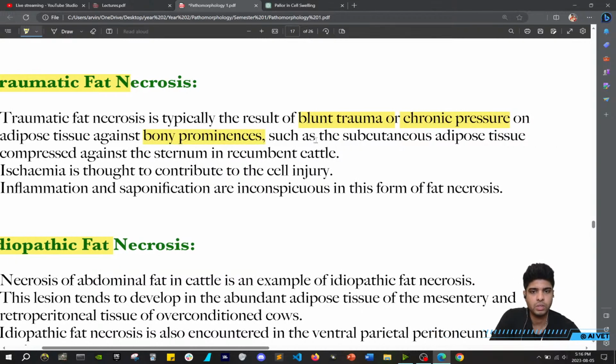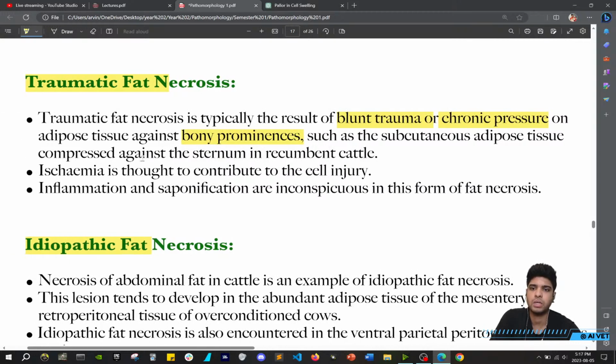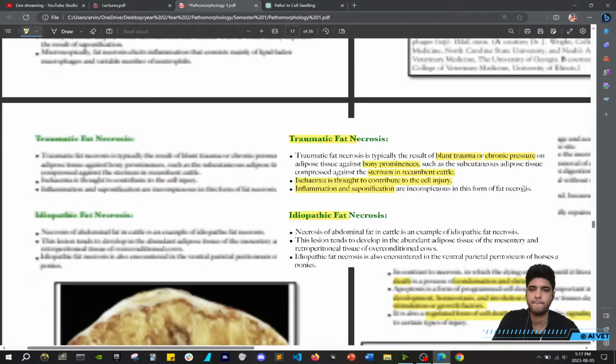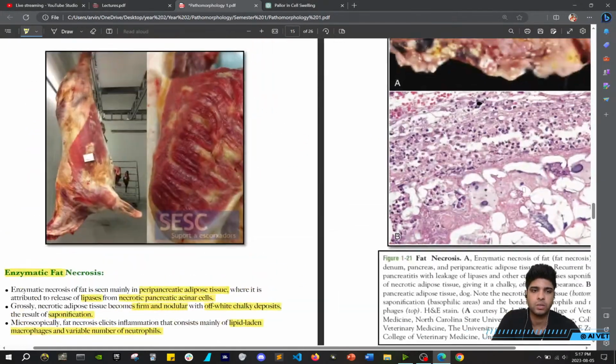Okay, against the bone, such as subcutaneous adipose tissue against the sternum in recumbent cattle. Ischemia is thought to contribute to this cell injury. Okay. Inflammation and saponification are inconspicuous in this form of fat necrosis. Okay, blunt trauma causes it. Okay, got it.